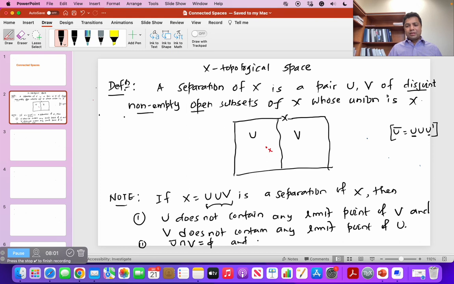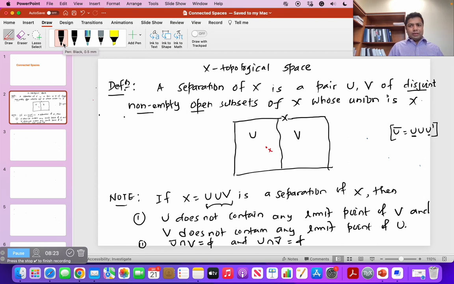Similarly, if we take the intersection of U with V closure, that's going to be empty as well. So these are the two properties. They are always true if U and V form a separation of this topological space X.